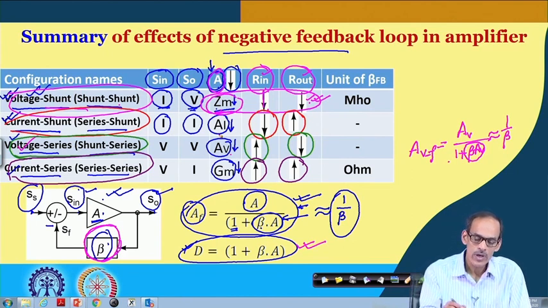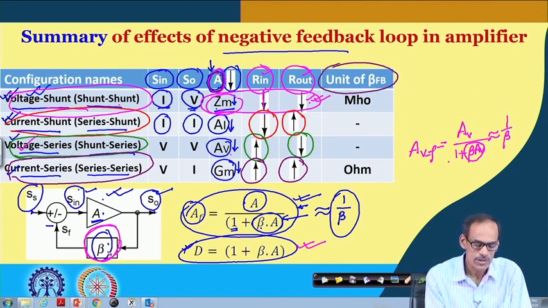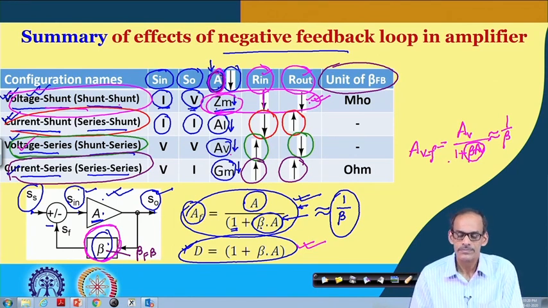And while it has different possibilities, the corresponding feedback factor beta, we are calling this beta as beta FB to avoid confusion with the beta of the BJT transistor.